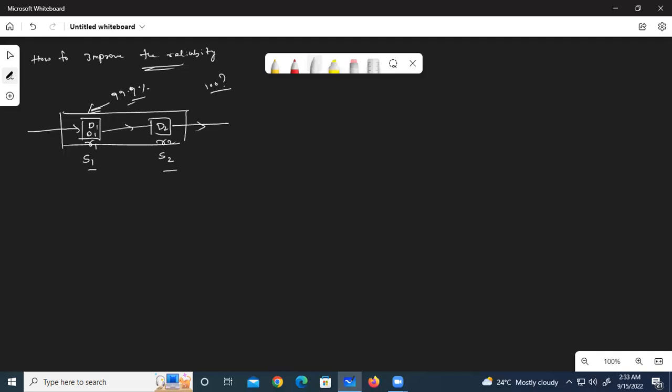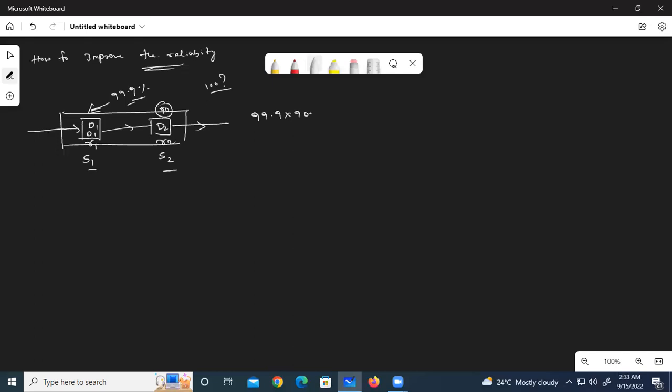Basically, we know that one device gives 90%. If you connect two devices, it will give you 99.9%. Then if you multiply 99.9% with 90%, will it increase or not? That is what exactly we are talking about here.